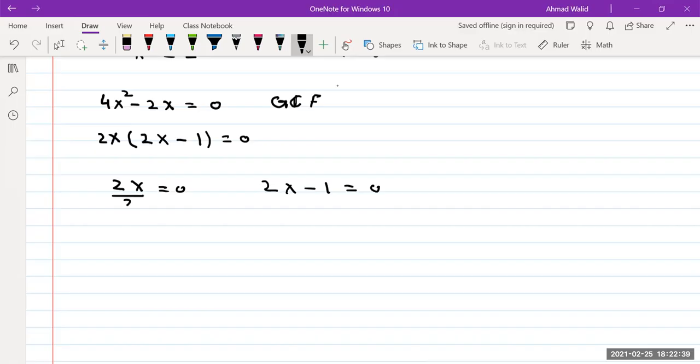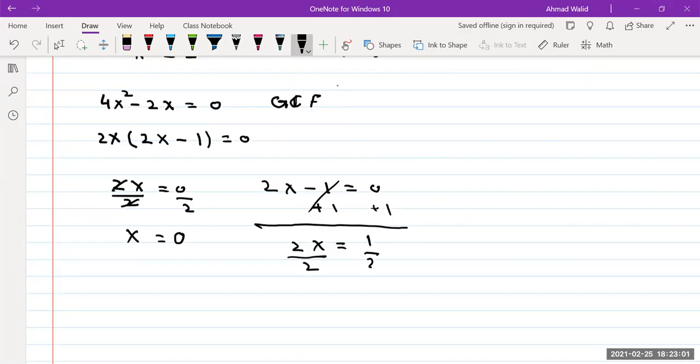Here, divide both sides by 2. X is equal to 0 over 2, which gives you 0. And if I solve this one, first I'll add 1 to both sides. Then 2x equals 1. Now divide both sides by 2. X is equal to 1/2. 2 solutions.